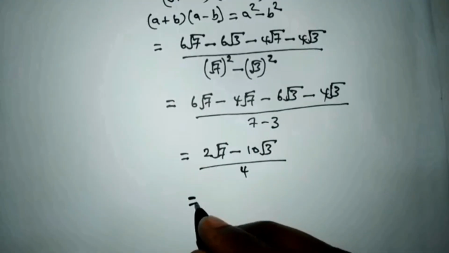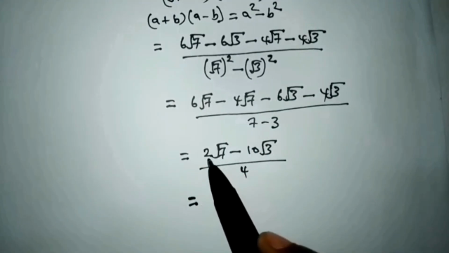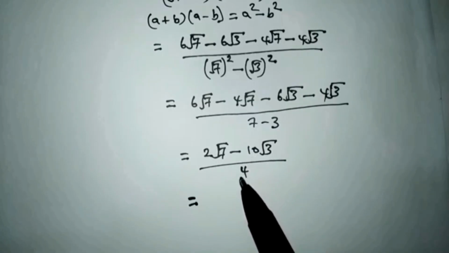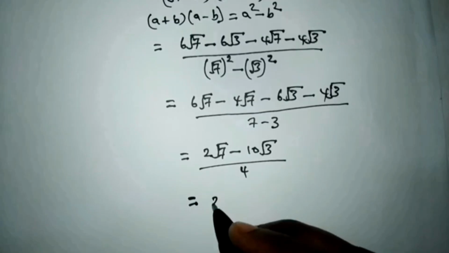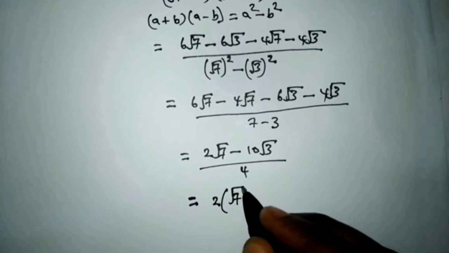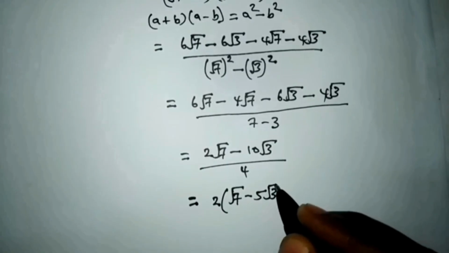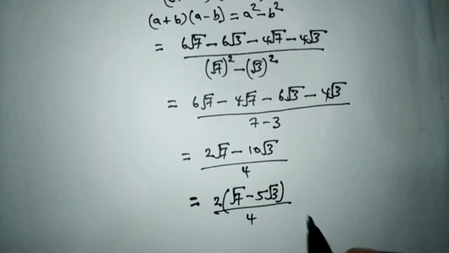We can take out the common factor 2, and this is going to give us 2 bracket square root of 7 minus 5 square root of 3, all over 4.